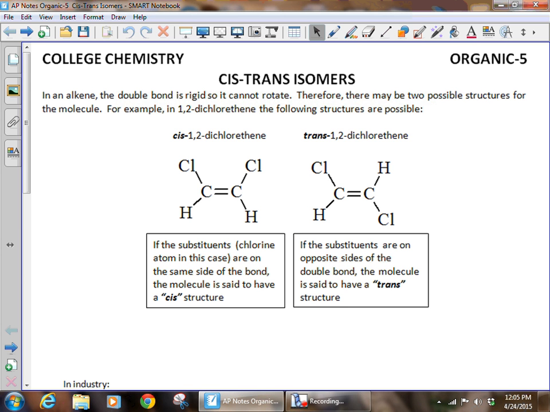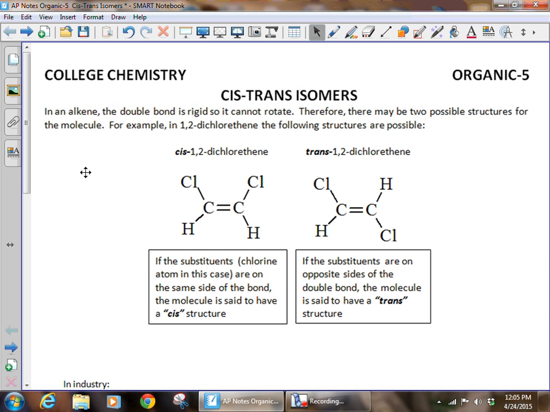the bond can rotate. Take, for instance, if we had an alkane that had 2 carbons, and around those carbons we had a hydrogen, a bromine, and a chlorine around this left-hand carbon.